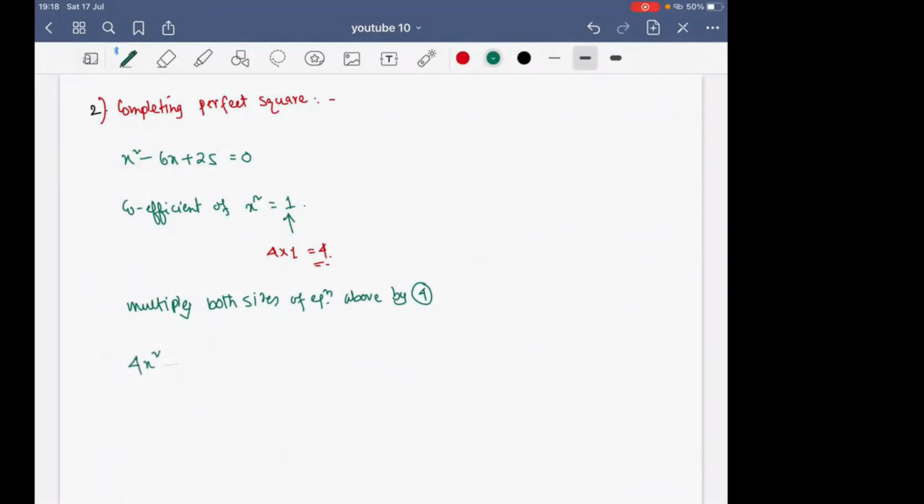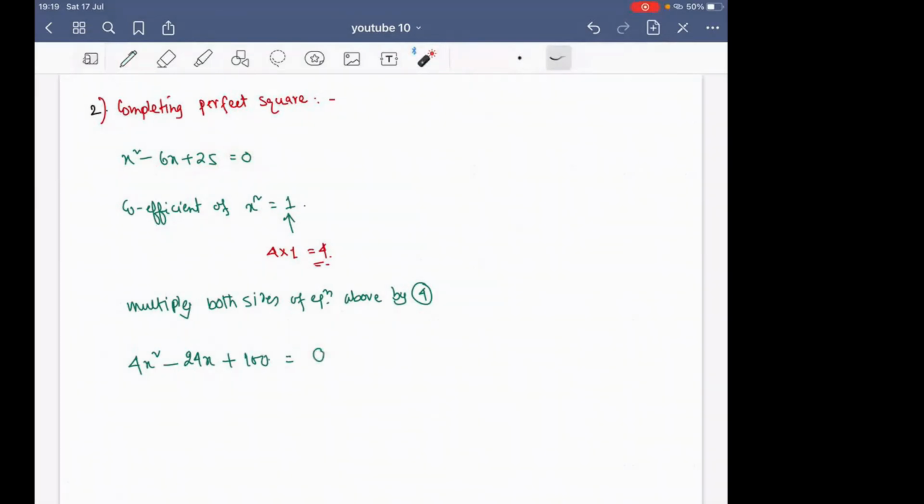Multiply the term 6x by 4, we get 24x, right? And if we multiply 25 by 4, we get 100. You have to do the right hand side also. Right hand side, 0 multiplied by 4 is 0, so 4 into 0 is equal to 0.